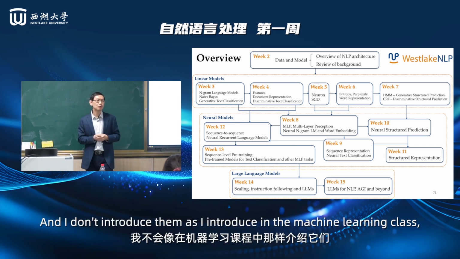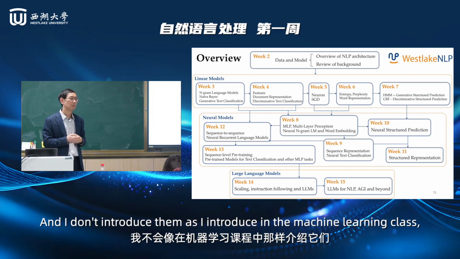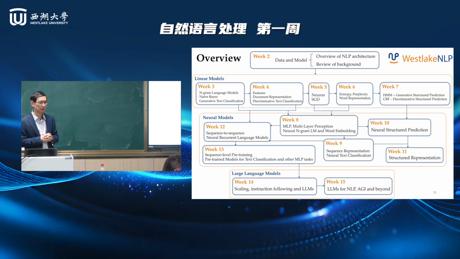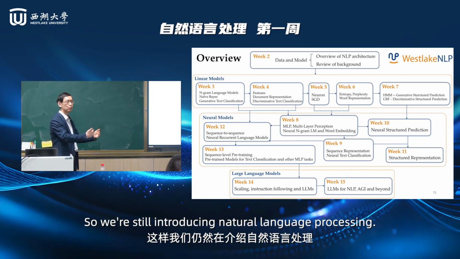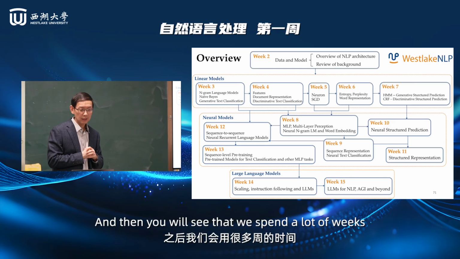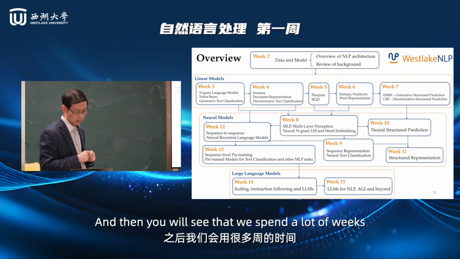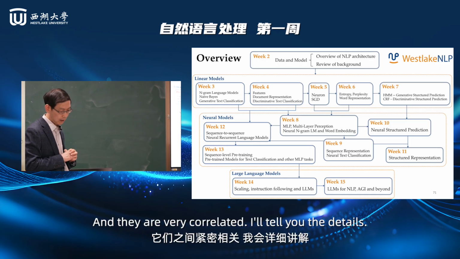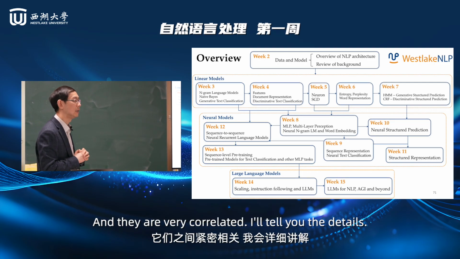I don't introduce them as I would in a machine learning class, but I review them in the background of natural language processing. So we're still introducing natural language processing. And then you will see that we spend a lot of weeks talking about neural network models, and they are very correlated. I'll tell you the details.